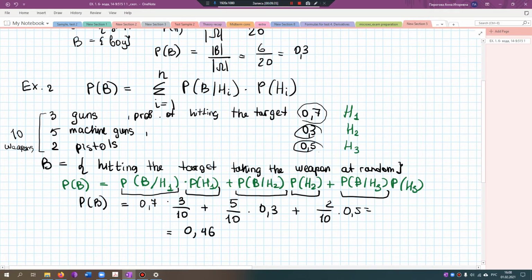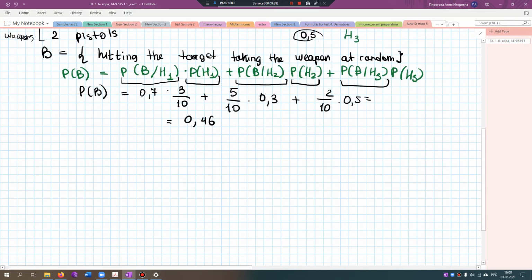So, great. Now let's solve an exercise where we need to use the Bayes formula. Firstly, what is our task?